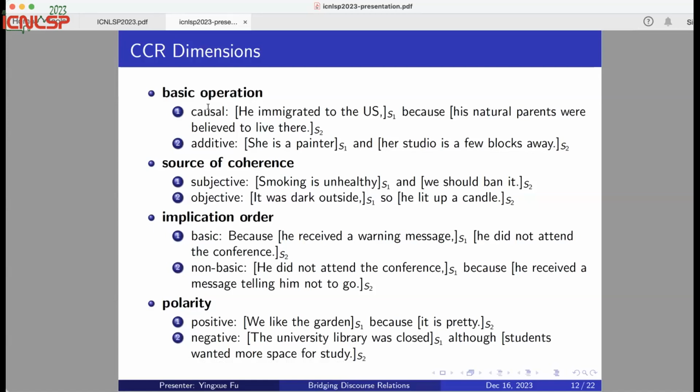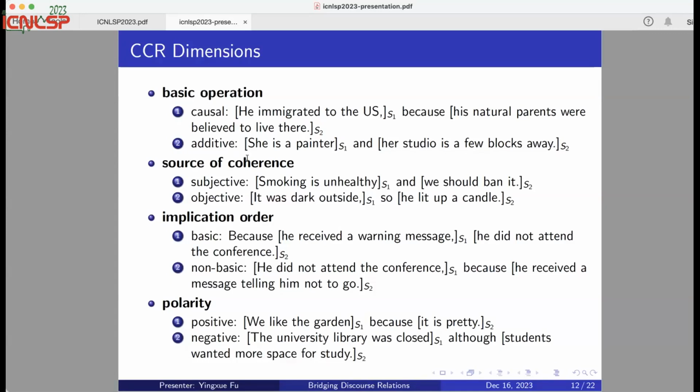This is the approach we used in our experiments. The relation of causal is, I guess, apparent. Additive means that the two segments are put in a loose coordination relation. There are no stronger relations that can be inferred between these two segments.